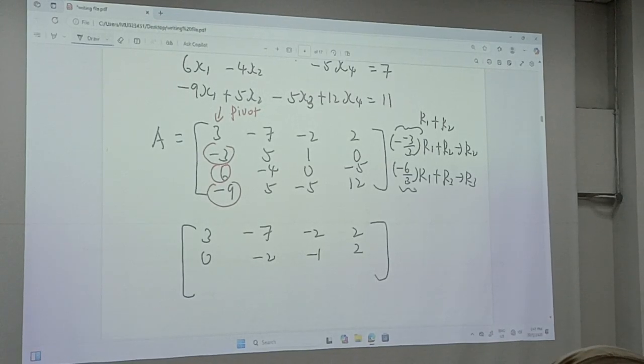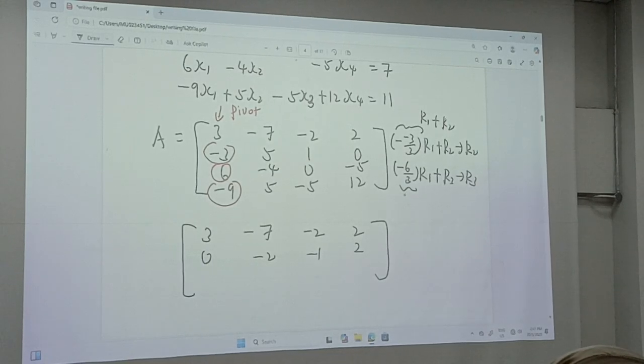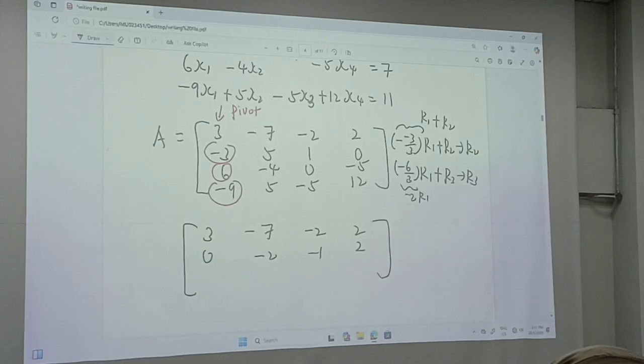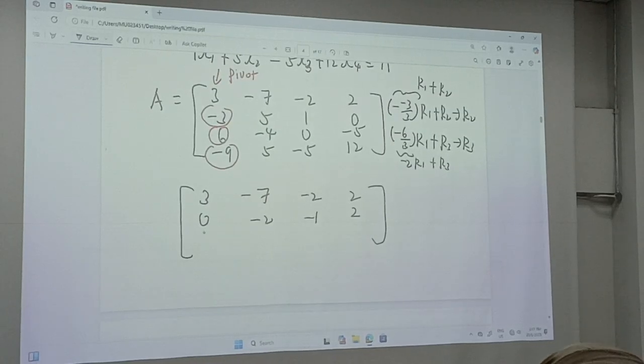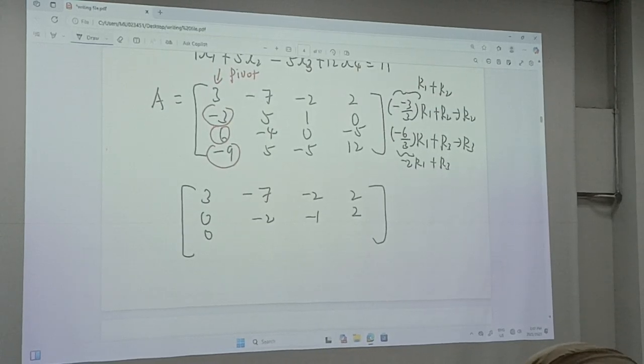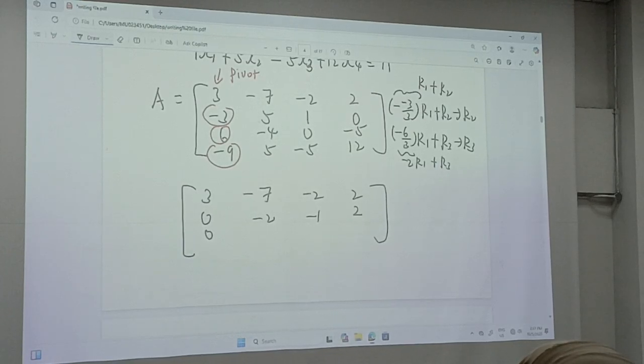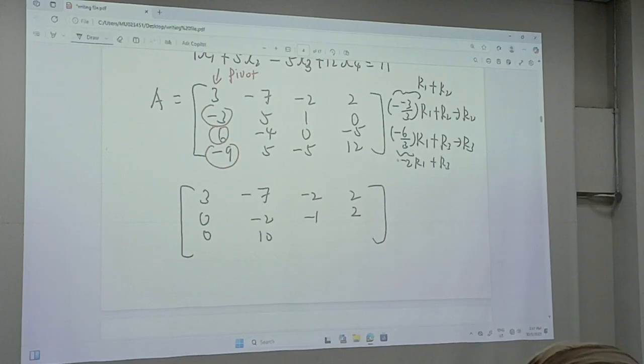So here it will be negative 6 divided by 3, which is negative 2, times R1 plus R3. As a result, 6 will turn to 0. So 14 minus 4, 10. Negative 2 times negative 2 plus 0, negative 4. Negative 2, negative 5, negative 9.